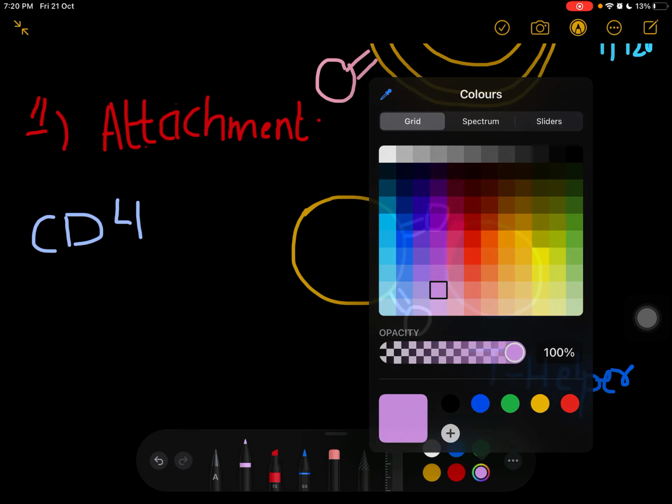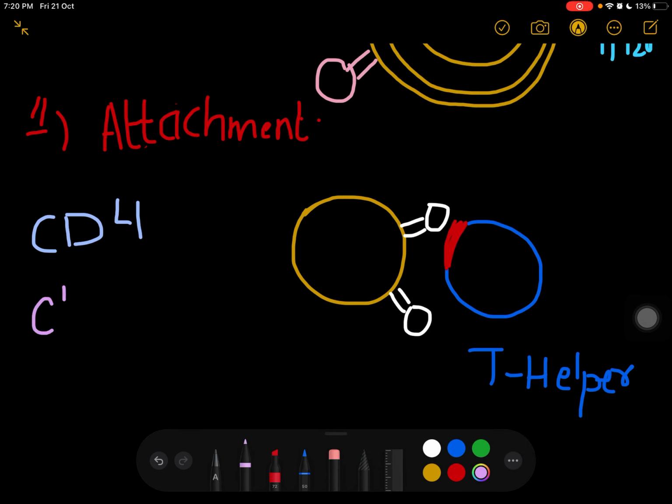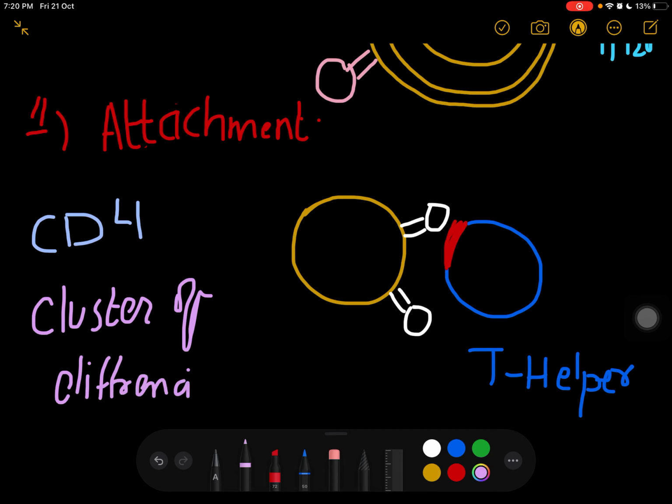CD4 means cluster of differentiation. So consider this is the HIV virus, and it will get attached to this.